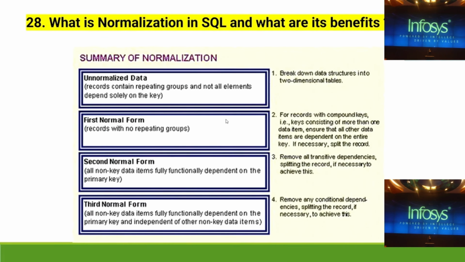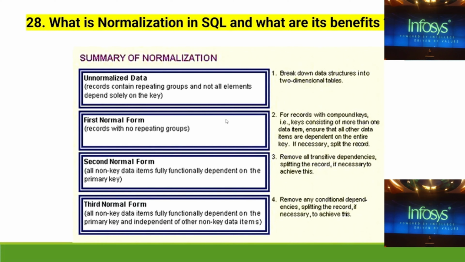And what is normalization in SQL and what are its benefits? Normalization is nothing but breaking down data structures into two-dimensional tables. There are many types of forms: unnormalized data, first normal form, second normal form, and third normal form. Unnormalized data is nothing but records that contain repeating groups and not all elements depend on a single key, right?